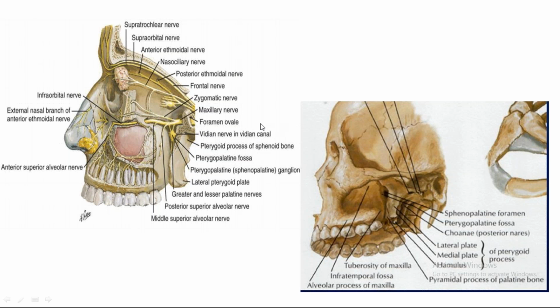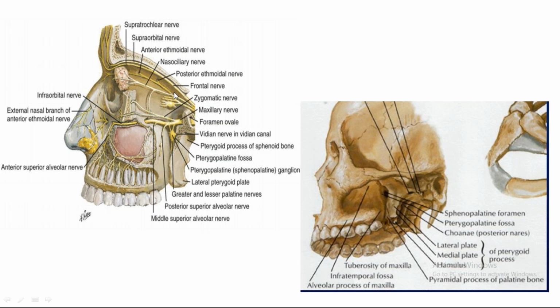Then the vidian nerve you will find here in the vidian canal. The vidian nerve is formed by union of the deep petrosal nerve with the greater superficial petrosal nerve. They form the vidian nerve. Okay, and this is the anterior ethmoidal nerve, and then you have the posterior ethmoidal nerve, then you have the nasociliary nerves.